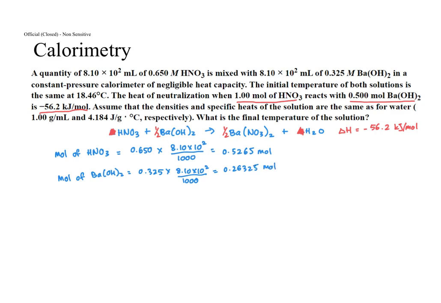From the chemical equation, we see that the stoichiometric ratio of nitric acid to barium hydroxide is 2:1. And we also see that the nitric acid and barium hydroxide present is in a 2:1 ratio.